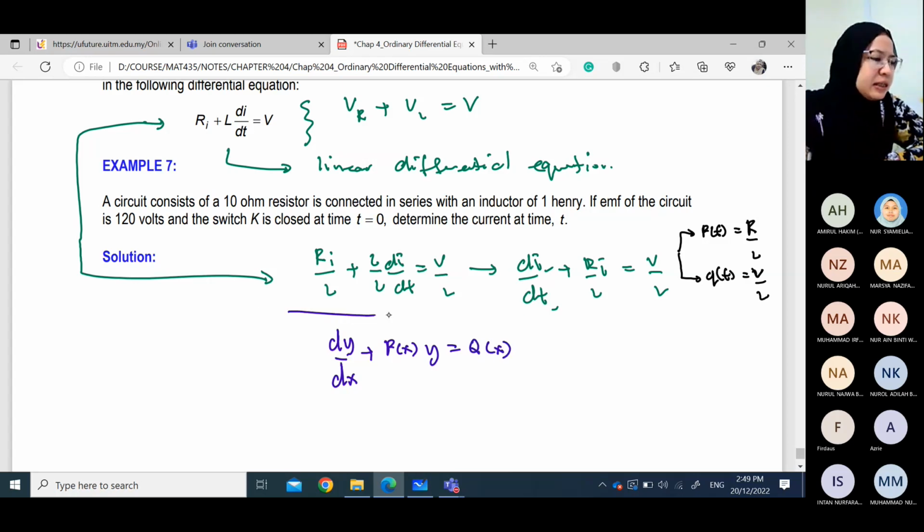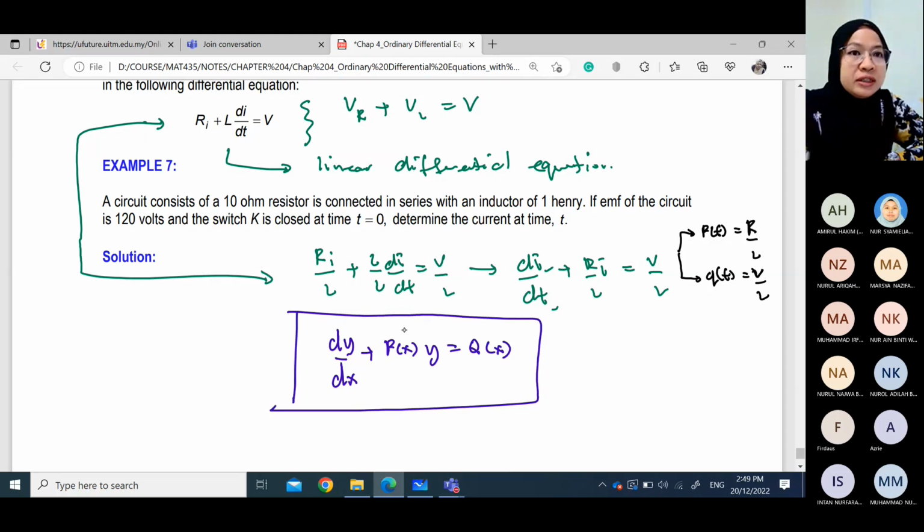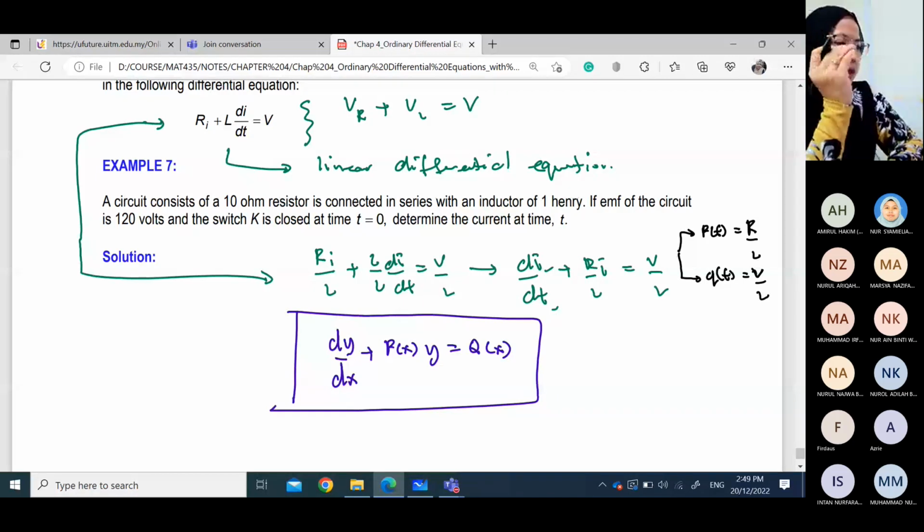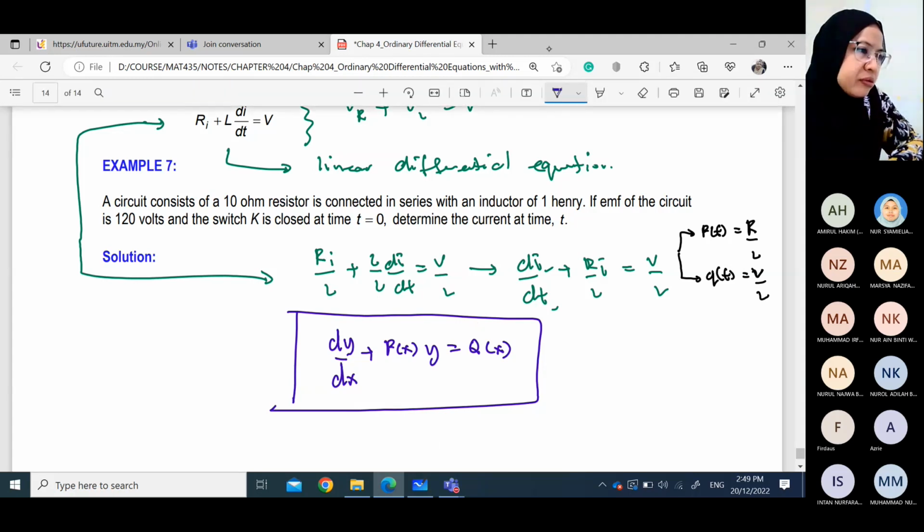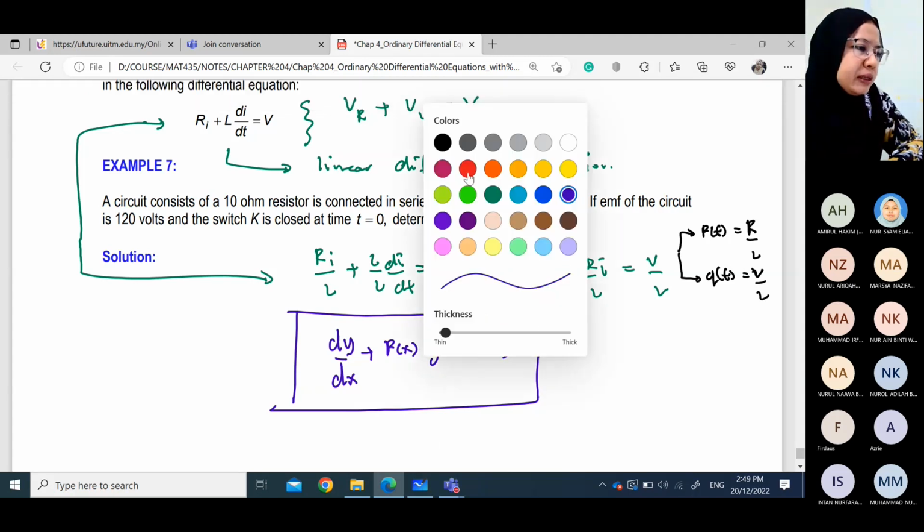So this is a linear differential equation. Now we relate it to the application, which is about current, or an electric circuit. In this case the variables involved are I and T. So for the one below in blue, what are the variables?